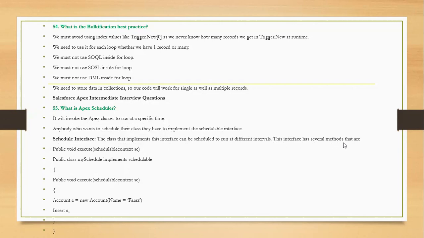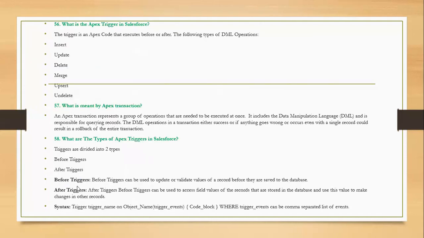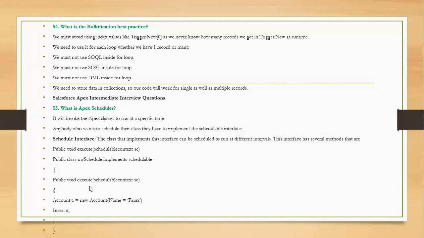This interface has a method: public void execute(SchedulableContext sc), in a public class that implements Schedulable, for example creating an account with the name set in the method.